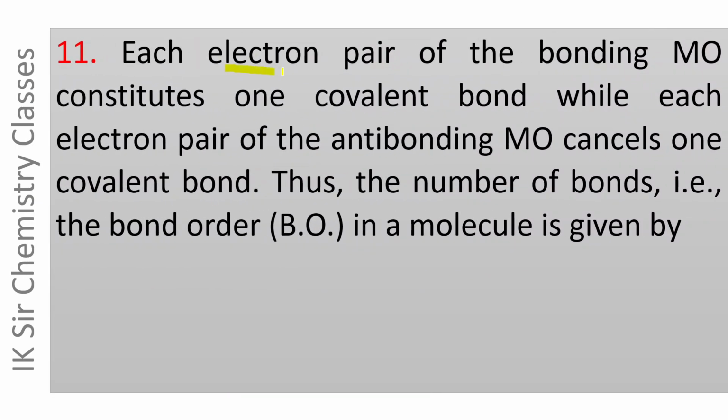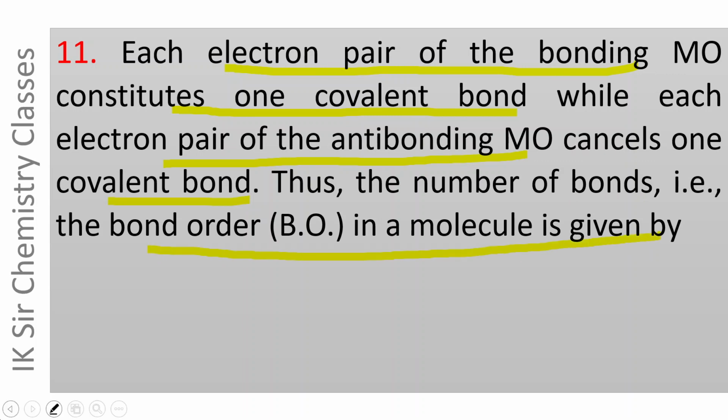Each electron pair of the bonding MO constitutes one covalent bond, while each electron pair of the anti-bonding MO cancels one covalent bond. Therefore, the number of bonds, that is the bond order in a molecule, is given by the following relationship.